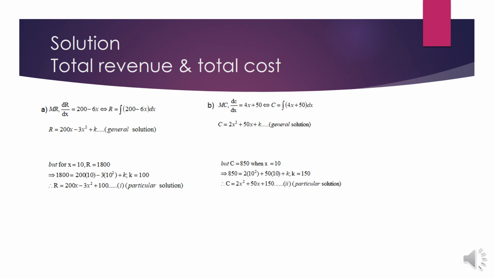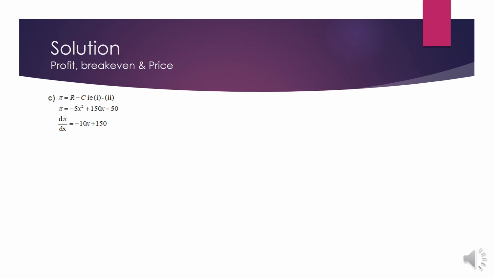We substitute 10 in the equation for x, and 850 for C. 850 equals 2 times 10 squared plus 50 times 10 plus k. So k equals 150, and therefore C equals 2x squared plus 50x plus 150, and this is a particular solution.